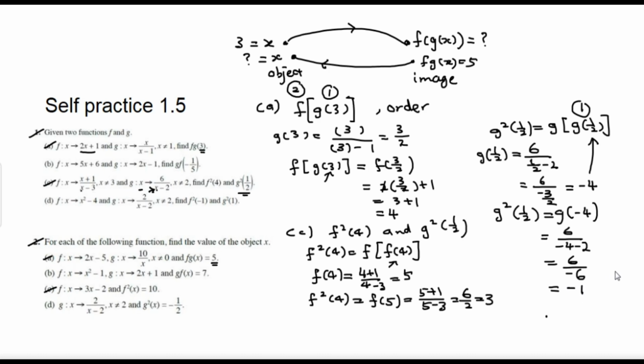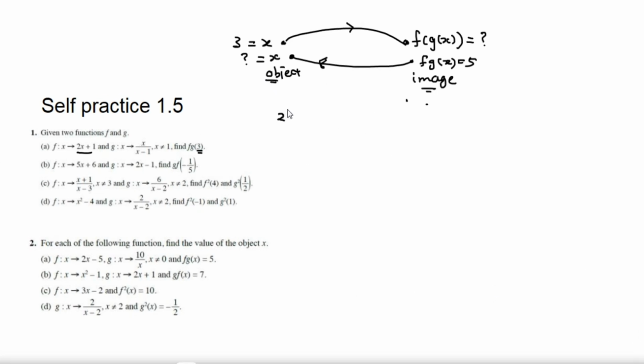That's how we solve for C. So in summary, in question number 1, they give you the object and you have to find the image. Next, I'm going to show you question number 2. We start from the image and then find the corresponding object.